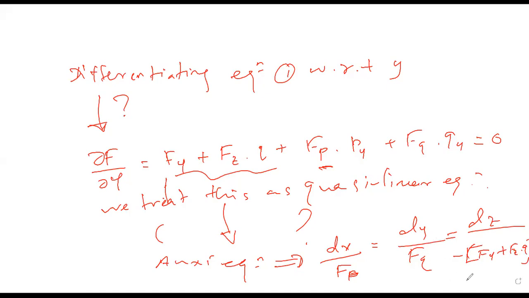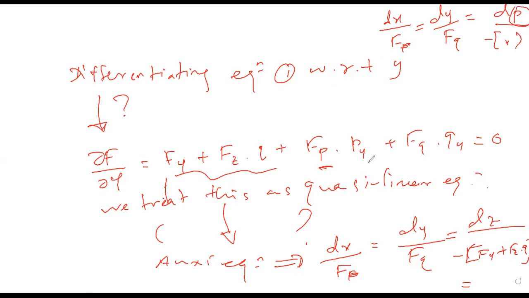Okay, I made a mistake in the earlier equation, equation number 3. In the 3, this should be dx over Fp, that is correct, dy over Fq, that is correct, and this is equal to dp, so write down dp minus something. Just put this one, not the z.